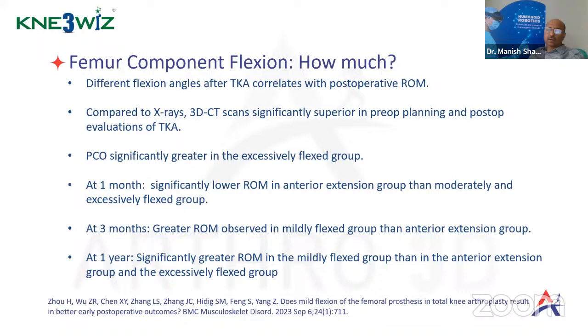Posterior condylar offset is significantly greater in the excessively flexed group, and hence they have a significantly lower range of motion. Thus, both the anterior extension group as well as excessively flexed groups end up with lower range of motion.